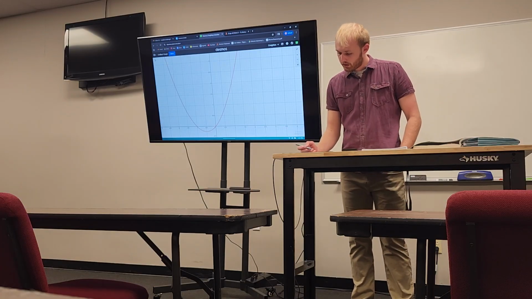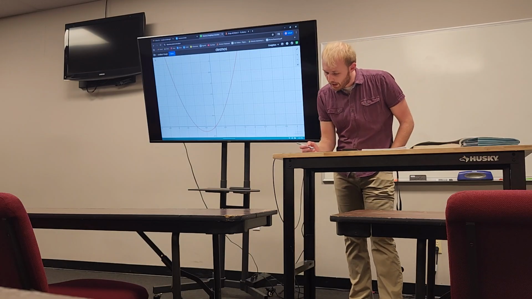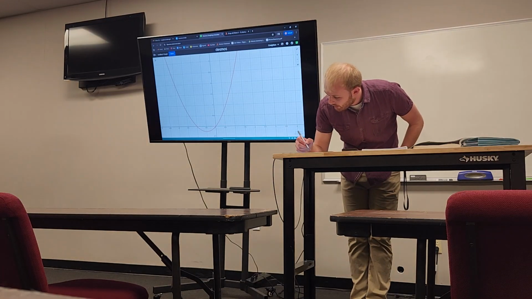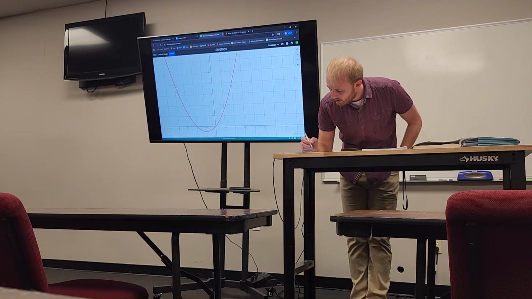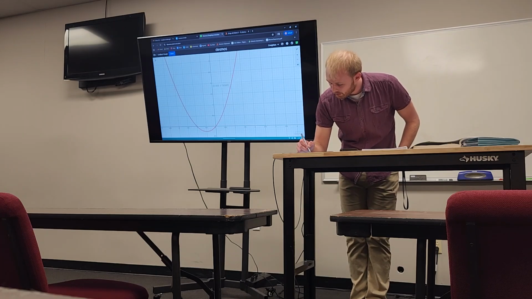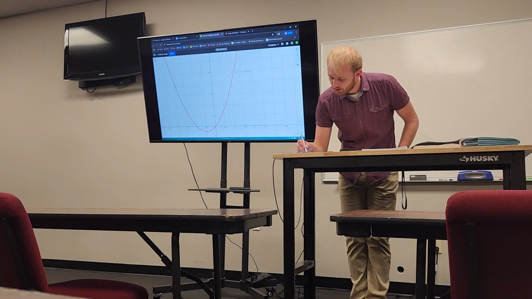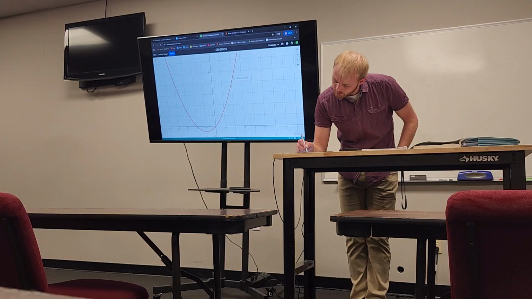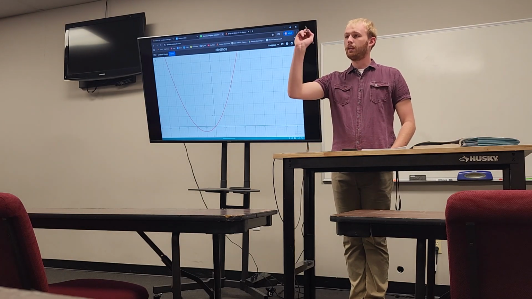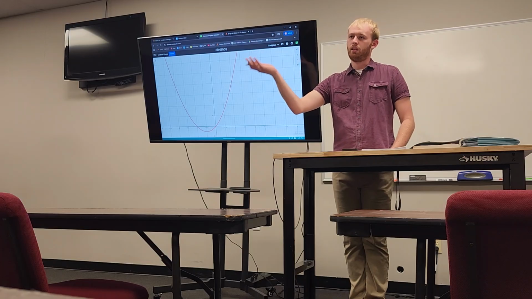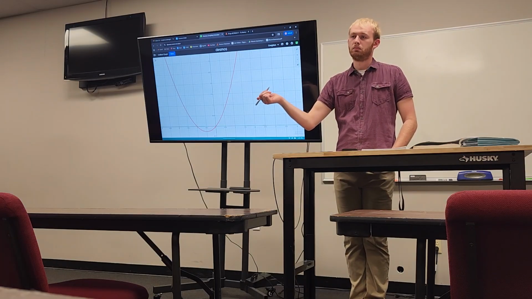We can use what we just learned from that video. It looks like right here it passes a nice little point. We could try that. So right here and right here. If we take the secant line there, that's going to be pretty close to the tangent line. So let's estimate that.